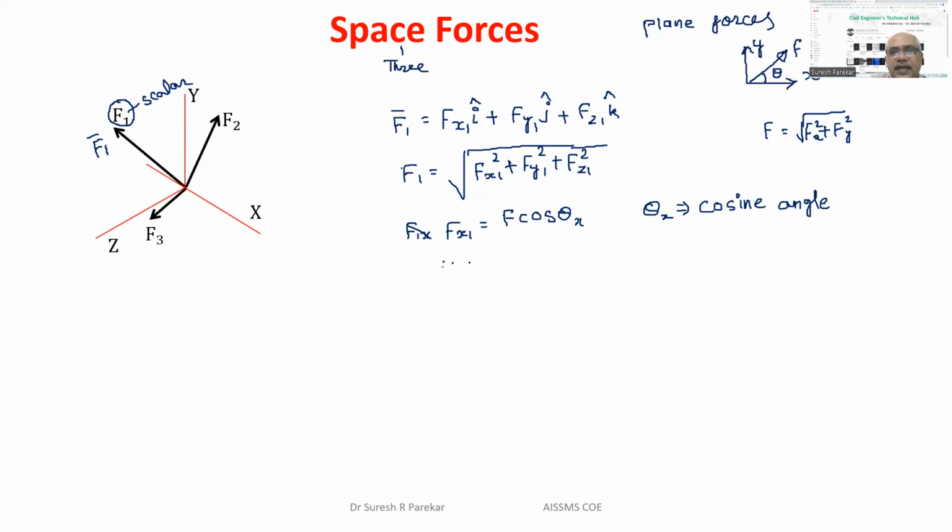From this we get cos theta x equal to mod of Fx1 upon F. Similarly, theta y is the angle made with the y-axis, and we have Fy1 upon F, and theta z is the angle with the z-axis, and we have Fz1 upon F.